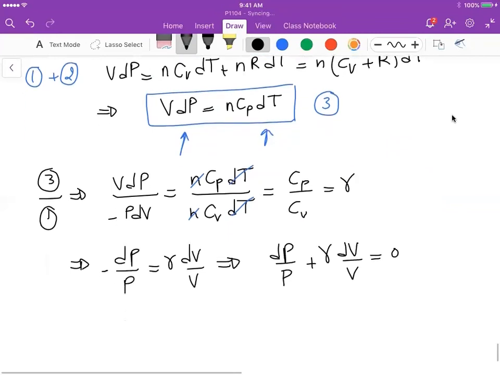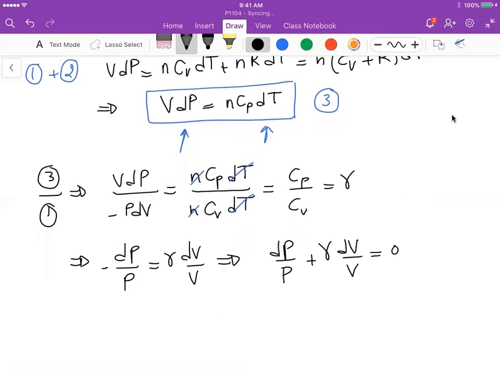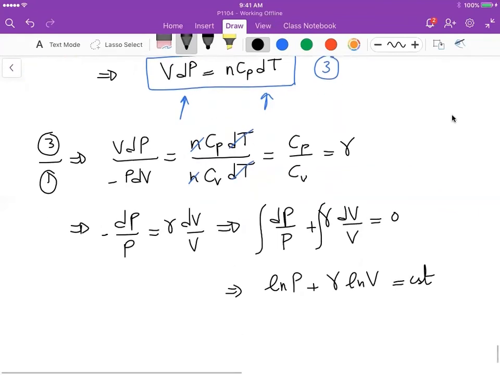Now, if we integrate these two terms, we get the integral of dP over P plus the integral of gamma dV over V, which gives ln P plus gamma ln V equal to a constant, because the integral of dx over x is ln, and the zero gives a constant in the end.